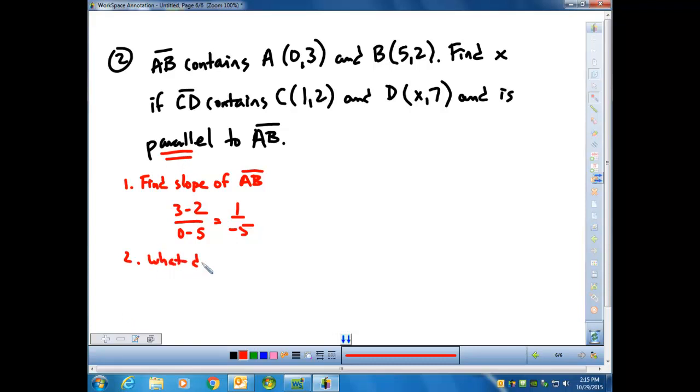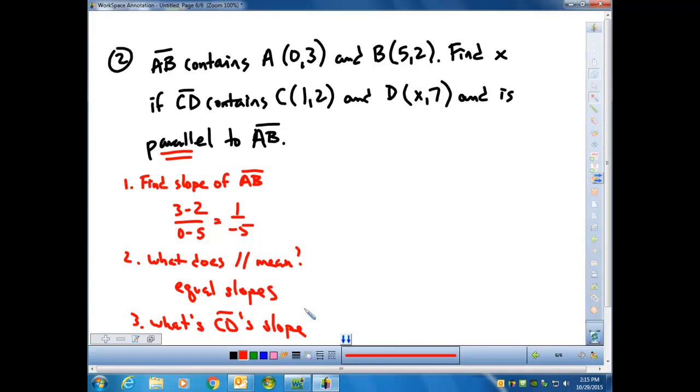So what does parallel mean with regards to slope? Parallel means that the slopes are equal. So if the slope of AB is negative 1/5, then the slope of CD is going to be what? That's right, negative 1/5.